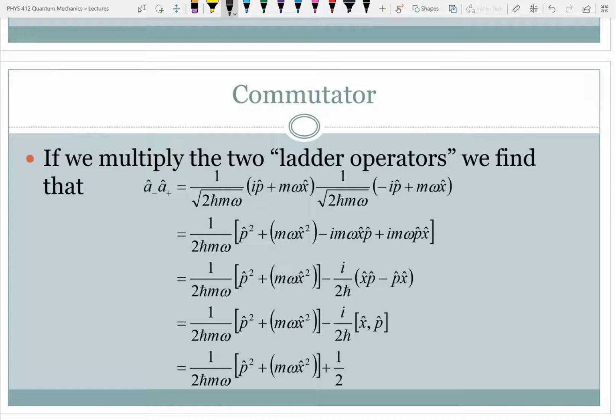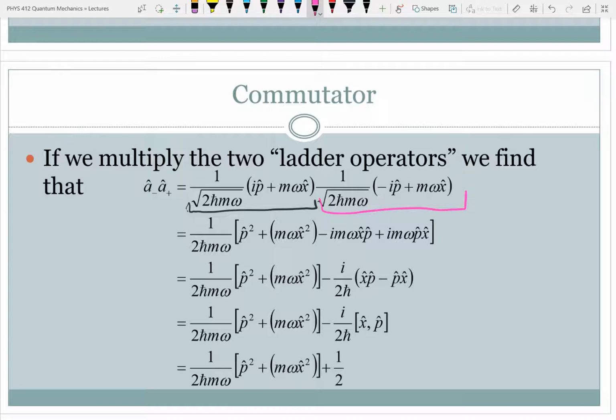Here is my A minus. Notice it's got the plus sign. And here is my A plus. We notice right away they both have that same 1 over the square root of 2 h bar m omega, so we can bring that out as a regular factor.